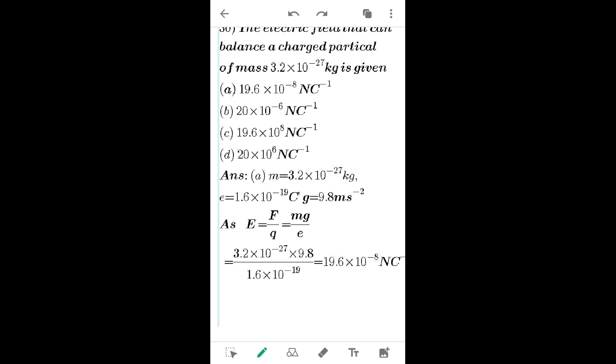The answer is 19.6 into 10 raised to minus 8 Newton per coulomb. So the correct option is, sorry, not C, A. I have written it here already. The correct option is A.